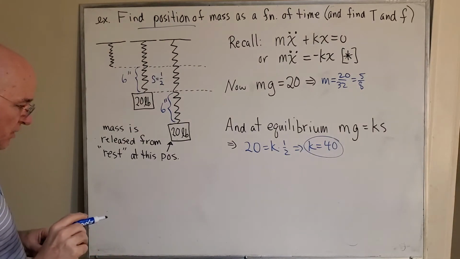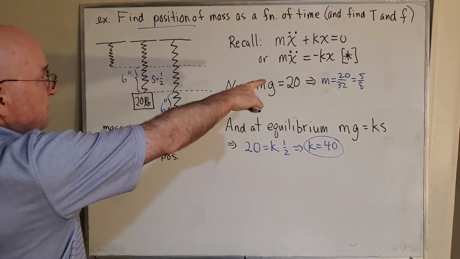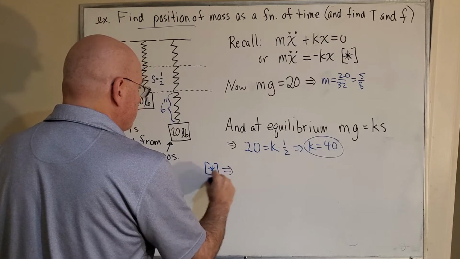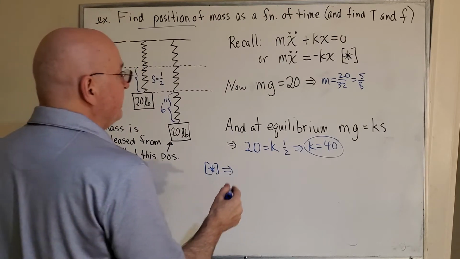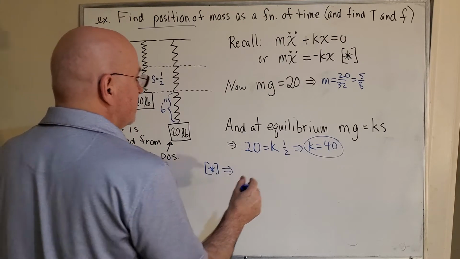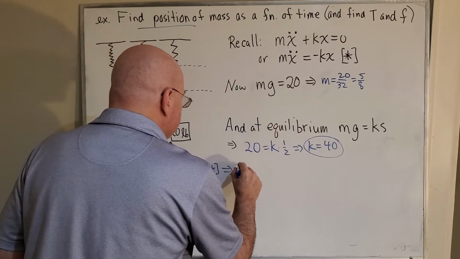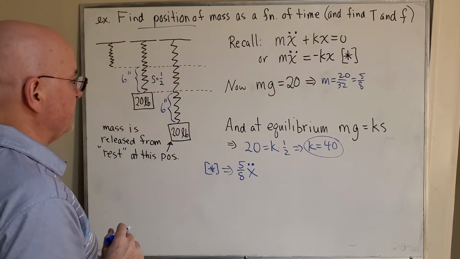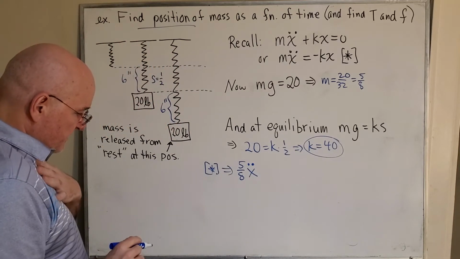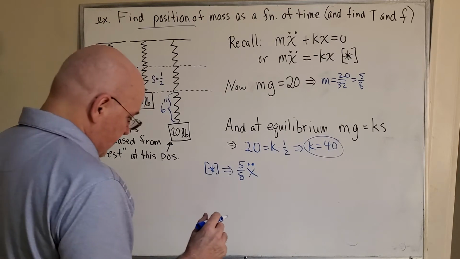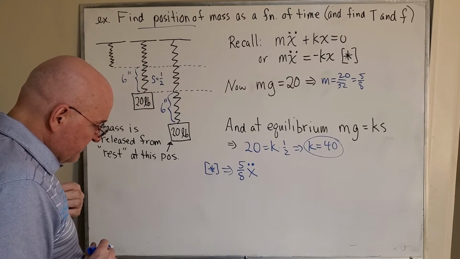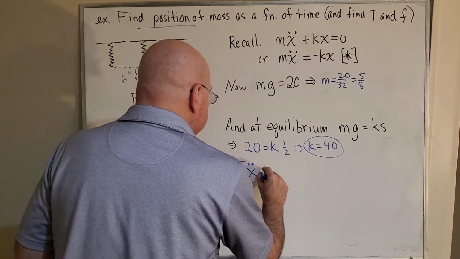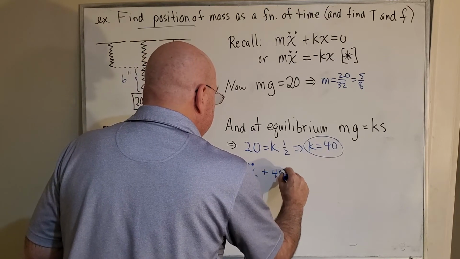Okay, since we know what k is, we can look at the star equation. That implies that m, which is 5/8, times the second derivative of x with respect to time, plus kx is equal to 0.